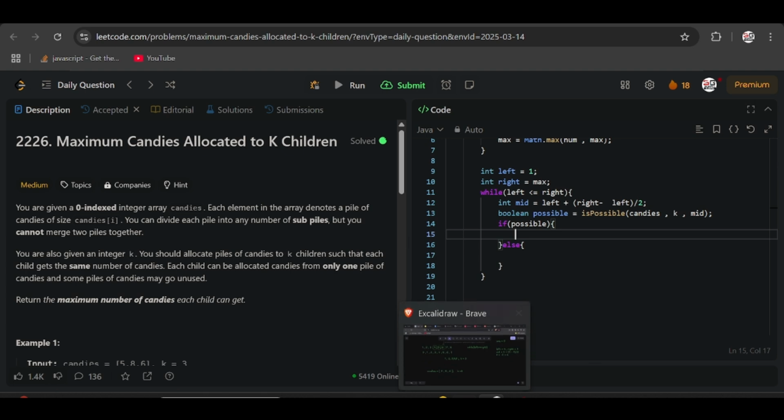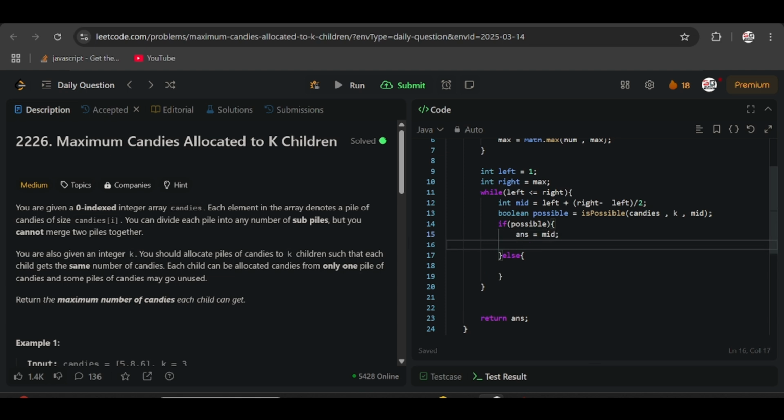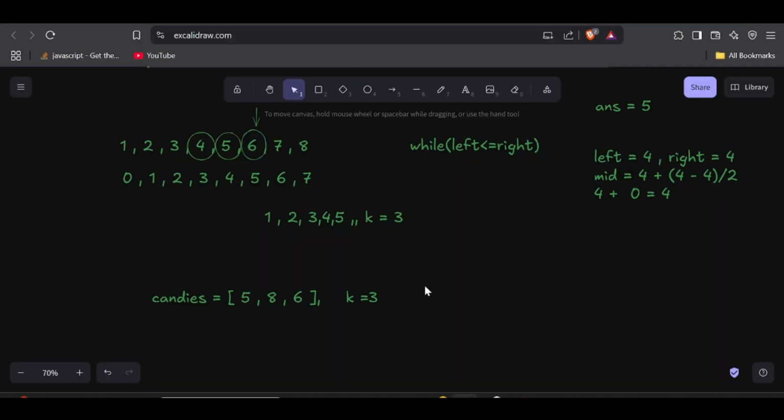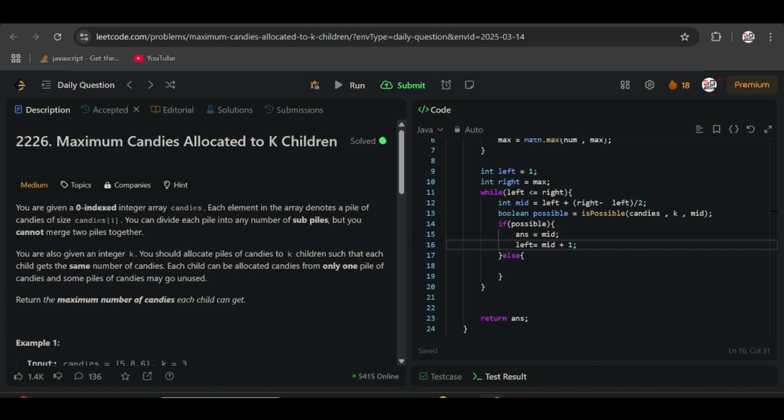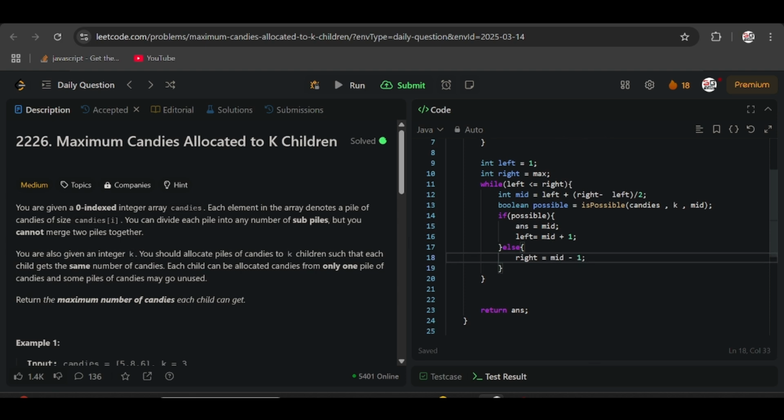What I told you, if it is possible, just update my value of answer to mid. And just update my left to mid plus 1, which I told you, whenever I was getting the solution, my left was getting incremented to mid plus 1. And whenever it is not a possible solution, just put right equals mid minus 1. So at last, just return the value of answer.